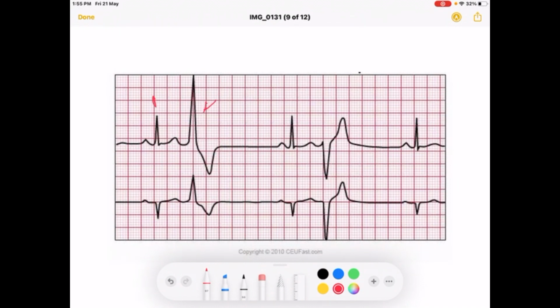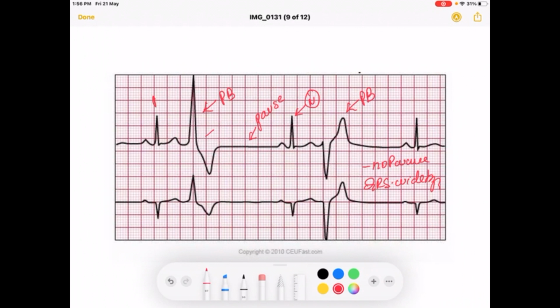This is a normal wave. This is a premature beat with pause. Again normal wave with premature beat. And if you see the premature beat, there is no P wave, and QRS is wide and bizarre. So this is a ventricular premature beat.